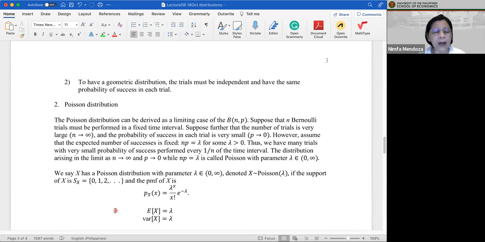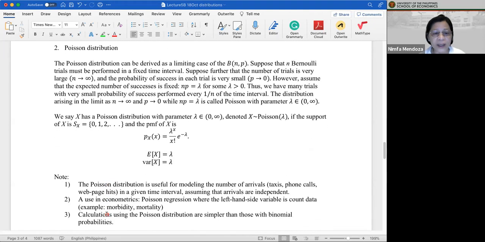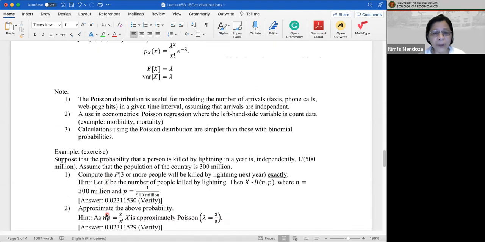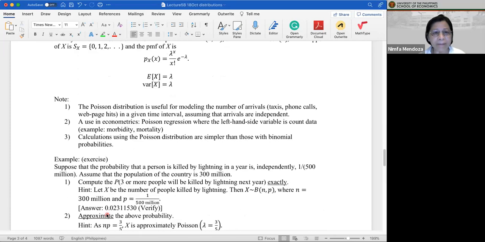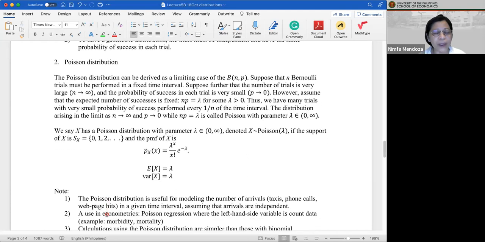You should be able to distinguish when you would have a geometric distribution in contrast to a binomial distribution. Another common distribution is the Poisson distribution. You would have this, for example, in econometrics, when we have the Poisson regression.